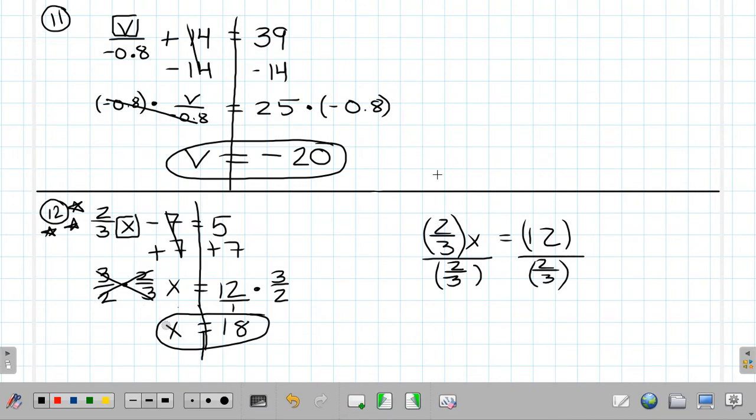But if you do that, the 2/3 go away to give us 1x. And 12 divided by 2/3, if you plug that into your calculator, you'll see it's still 18. So don't let fractions trip you up either, because if you have a fraction, it works just like any other number. It's just how we deal with fractions sometimes.